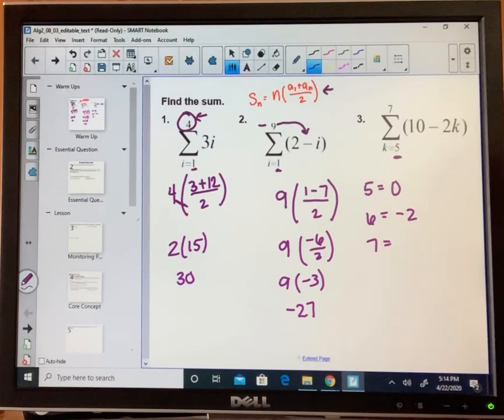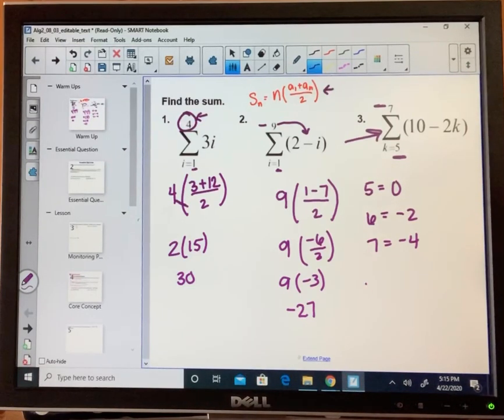And 7 is 2 times 7, which is 14, so 10 minus 14 is negative 4. So I wanted to go from 5 to 7, and I wanted this to be a summation. So what I'm saying is 0 plus negative 2 plus negative 4, which gives me my answer of negative 6.